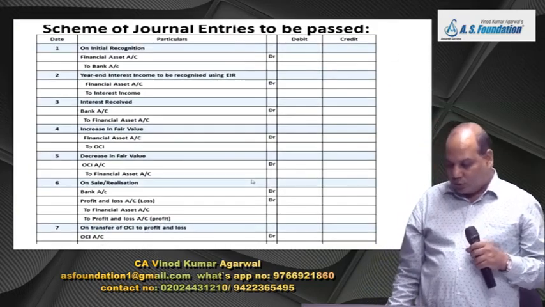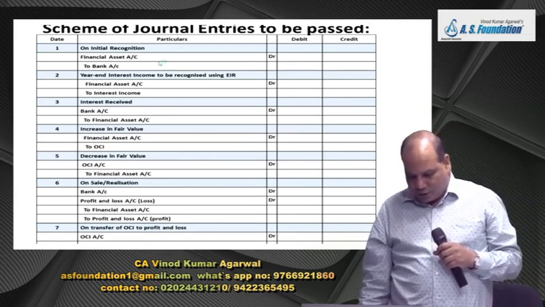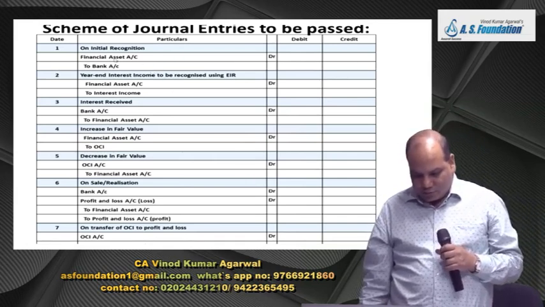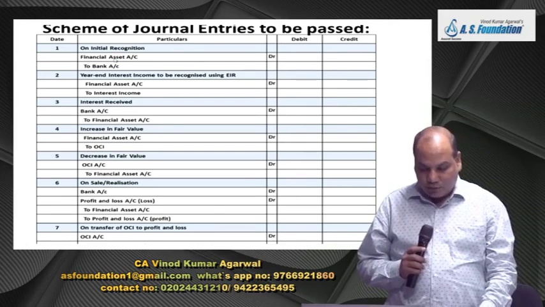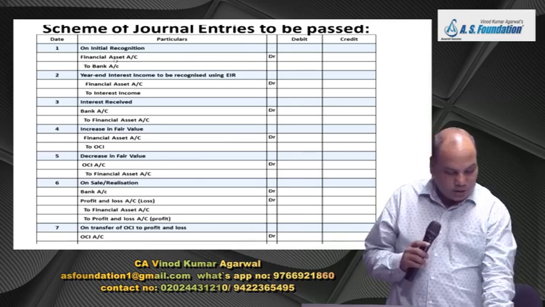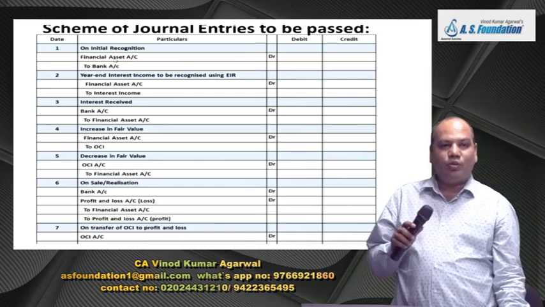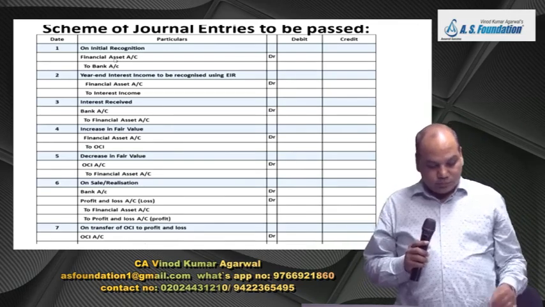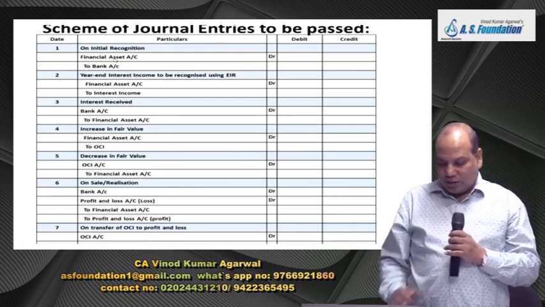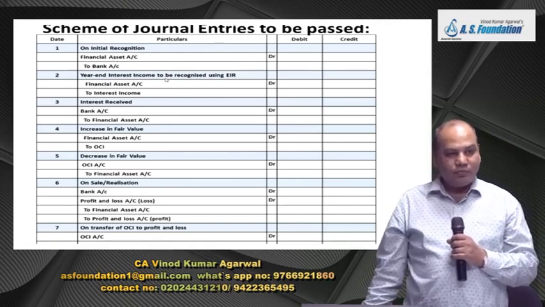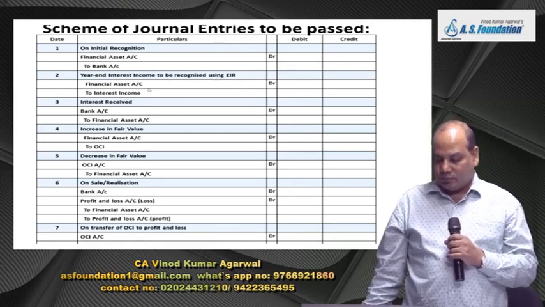Now let us see the scheme of journal entries carefully, and in case there is any printing error or typing error, you let me know. Is it there in your notes also? First entry on day 1, financial asset account debit to bank, in bracket write include transaction cost also. Then year end interest income to be recognized using effective interest rate.